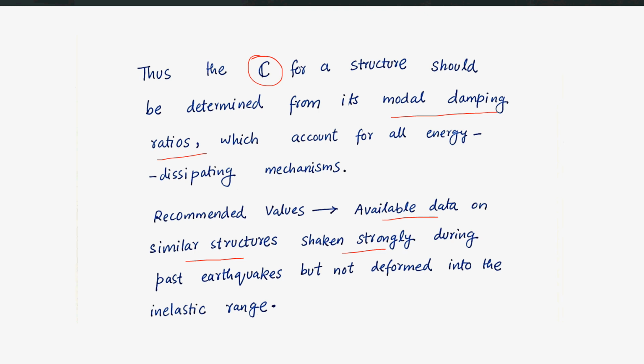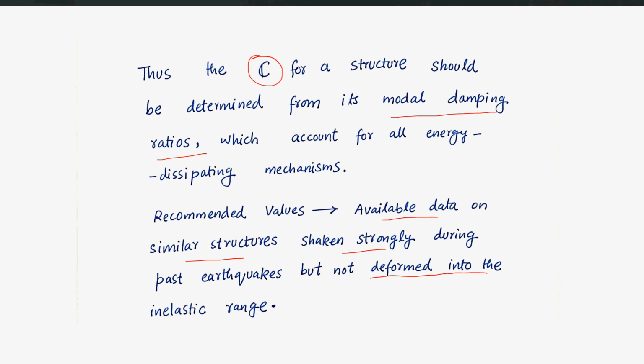Obviously, the damping values determined from shakings which took the structure beyond the elastic range will not be realistic in this case. Moreover, the classical modal analysis is strictly not applicable to nonlinear systems which have already deformed into the inelastic range.